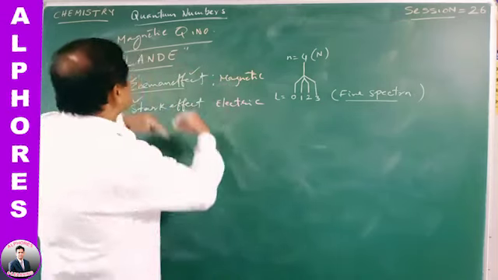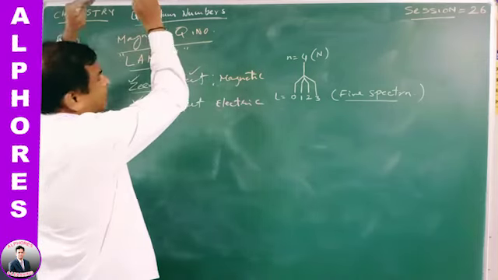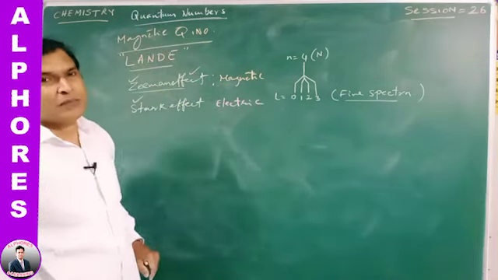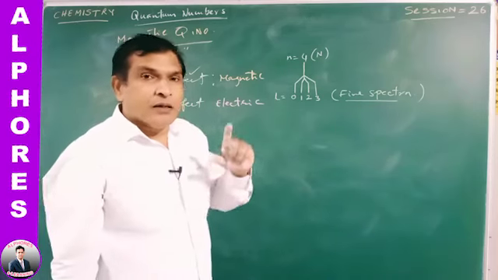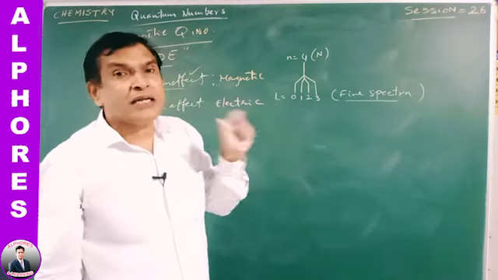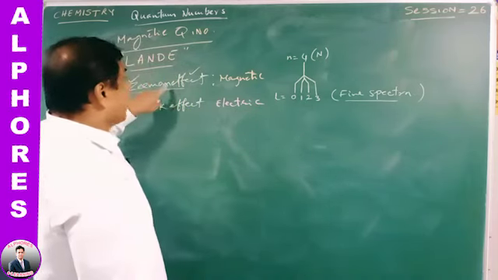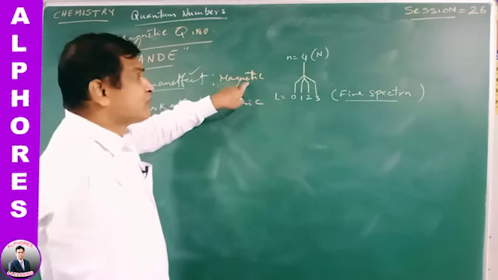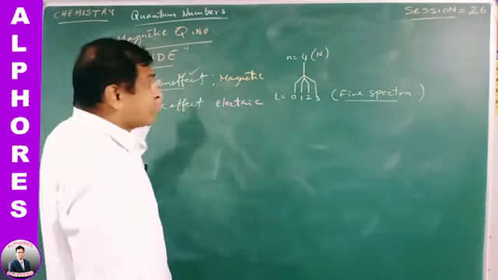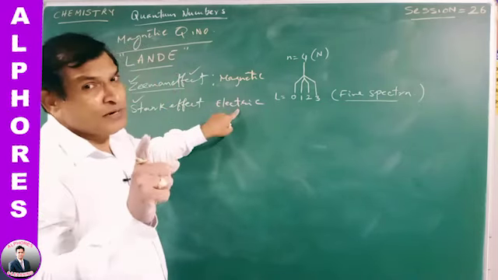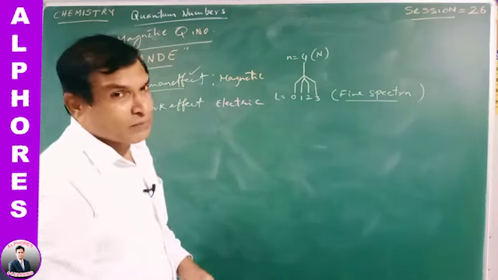The data was explained by Landé. To explain this data, he discovered a new quantum number called the magnetic quantum number, to explain splitting of spectral lines under magnetic field and electric field. That is the basic concept of the magnetic quantum number.